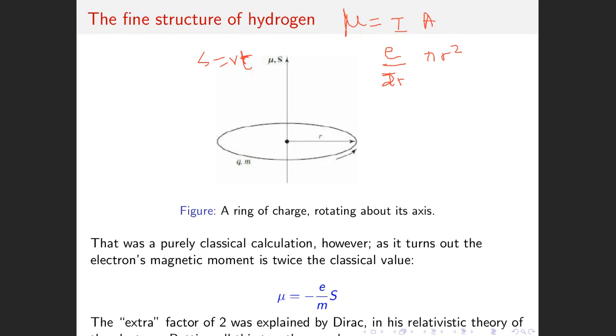So the period is just 2 pi r divided by that v there, right? So the pi's cancel, so you're left with E v r, right? Everyone happy with this expression, E v r?